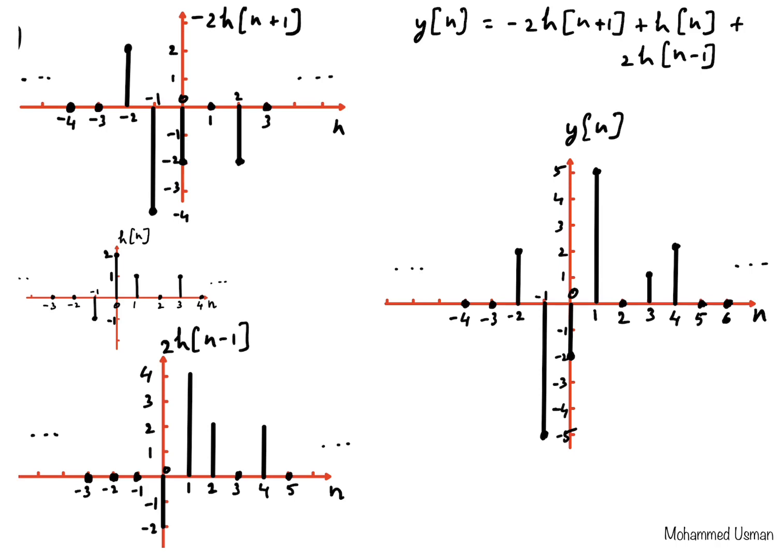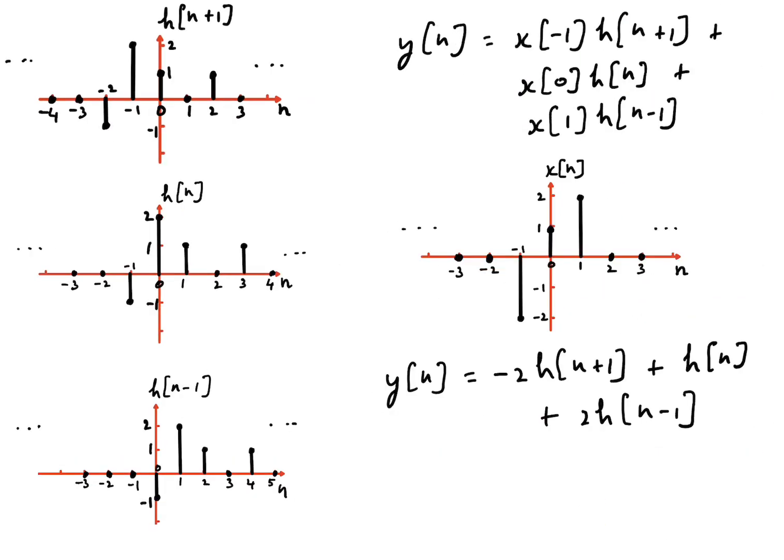So basically what this convolution operation is showing is that it is finding the contribution of each of the input samples. It is finding out what is the contribution of the value of x of 0 on the overall output y of n. How much of this value is contributing for each sample of the output y of n.